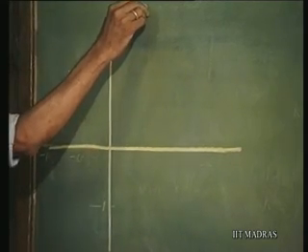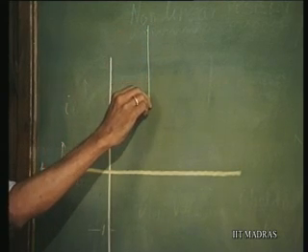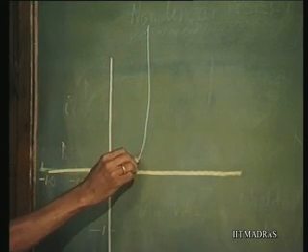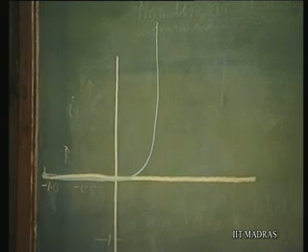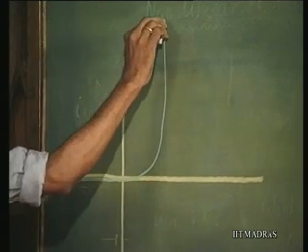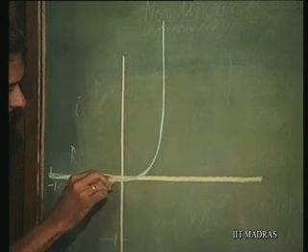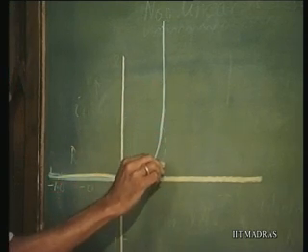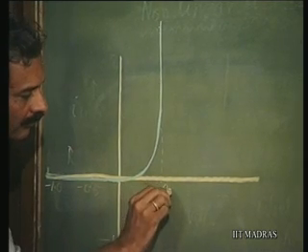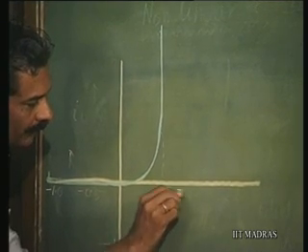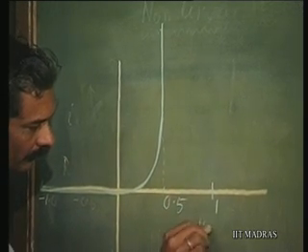The semiconductor diode follows a characteristic somewhat like this, somewhere around, let us say, 0.5, 1 volt.